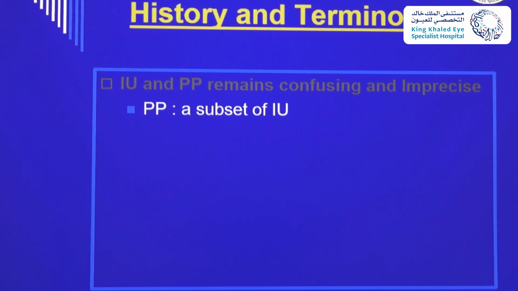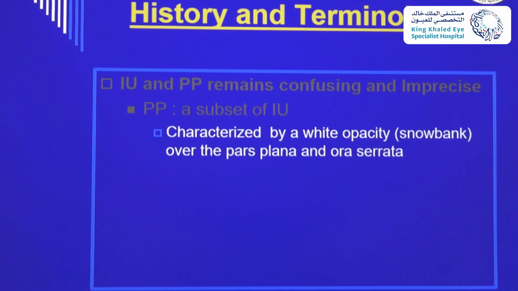The other thing that we need to know is that pars planitis usually has snowbanking when you compare it with regular or idiopathic intermediate uveitis. And usually this is the hallmark that differentiates it from idiopathic intermediate uveitis.